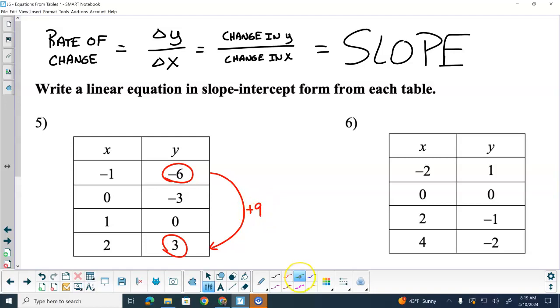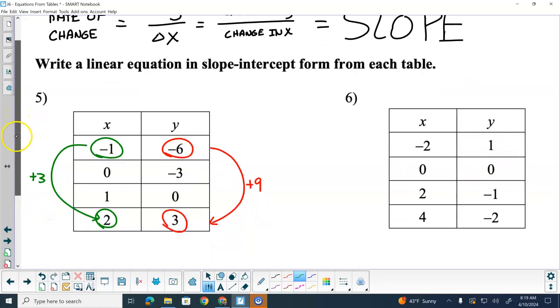Then we gotta come over here and go from -1 to +2. Dom, -1 to +2. Adding or subtracting? +3. Okay.